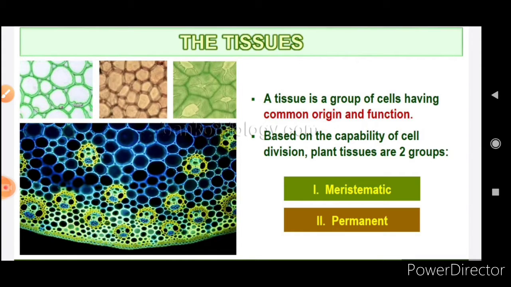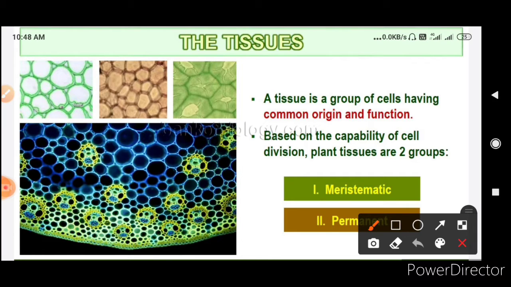Based on the capability of the cell division, plant tissues are in two groups. The first one is the meristematic tissue and the second one is the permanent tissue. So what do you understand by tissue? A tissue is a group of cells having common origin and function, and based on the capability of cell division, we are dividing the tissues into two types.